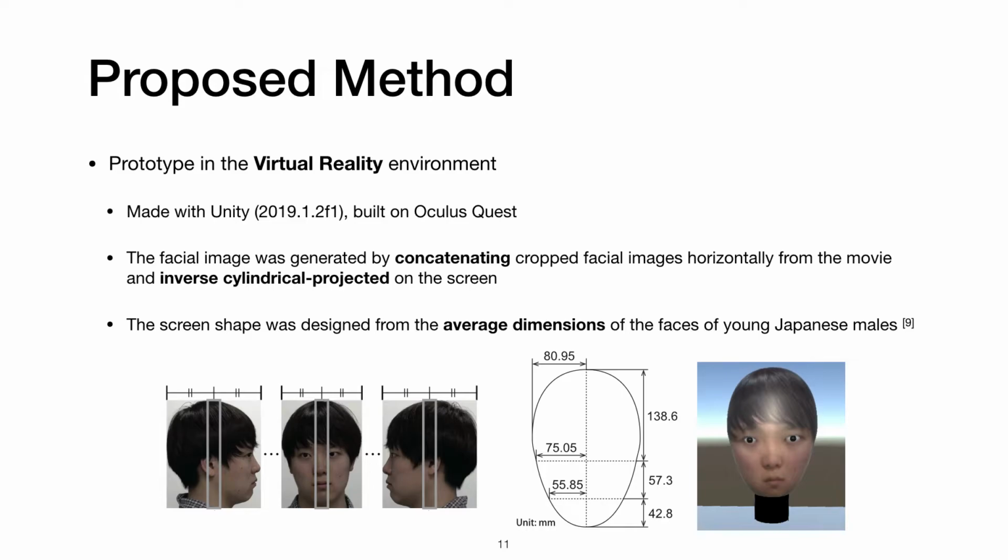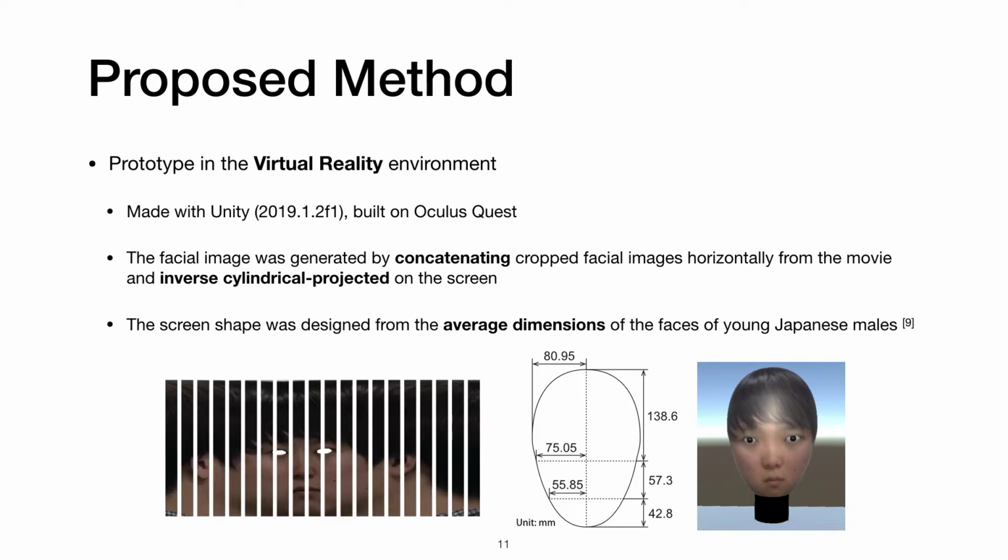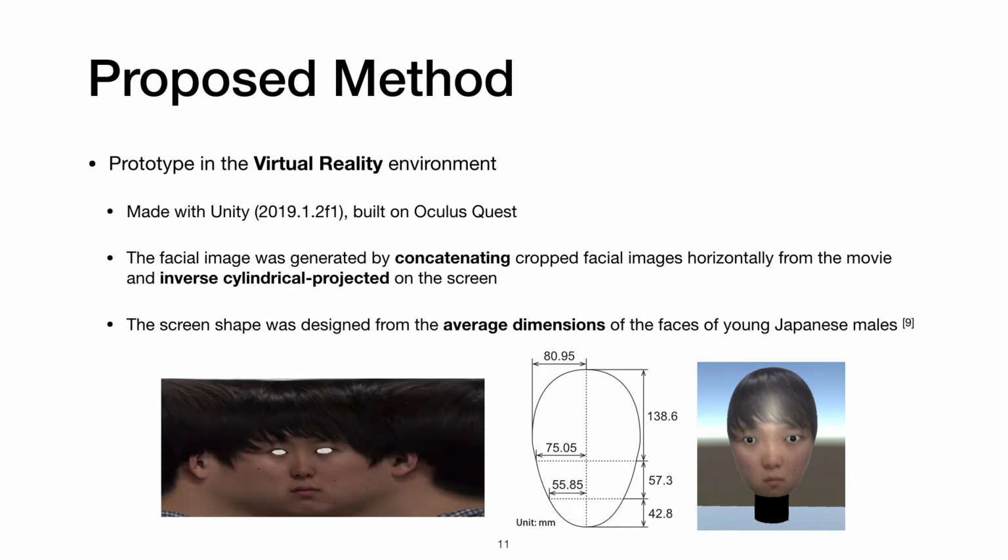Lastly, we made a prototype in a virtual reality environment, which was made with Unity and built on Oculus Quest. The facial image was generated by concatenating cropped facial images, such as the center part of each photo, cropping this photo and concatenating like this.